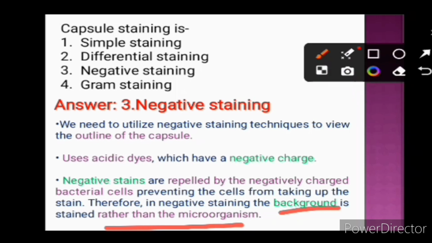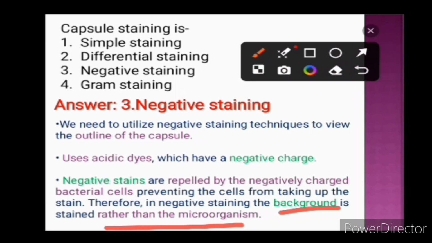Okay. So, because of the negative charge of the stains, these are repelled by the negatively charged bacterial cells, so that they prevent the cells from taking up the stain. That's why in negative staining, the cells or microorganisms are not stained. Rather, the background is stained.